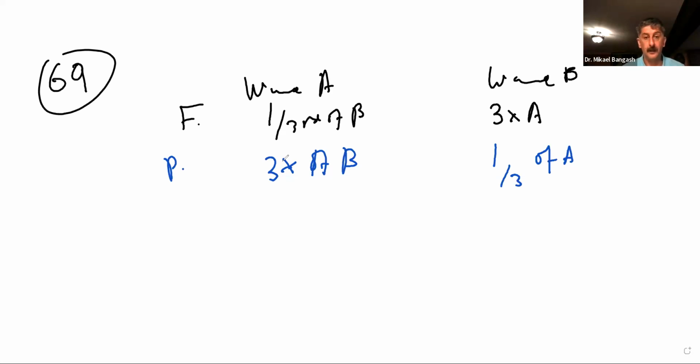Okay, we could do it this way because both the frequency and the period that we wrote here were compared to the period and frequency of wave B, and vice versa.